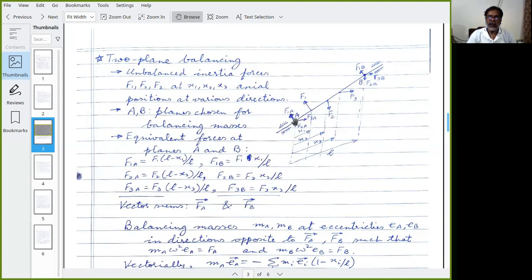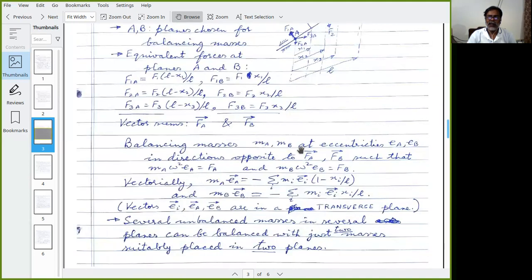Now, in this plane, you put the balancing mass so as to get rid of this, and in that plane, similarly, you put the balancing masses MA and MB at eccentricities EA and EB. You put them in directions opposite to these unbalanced forces.